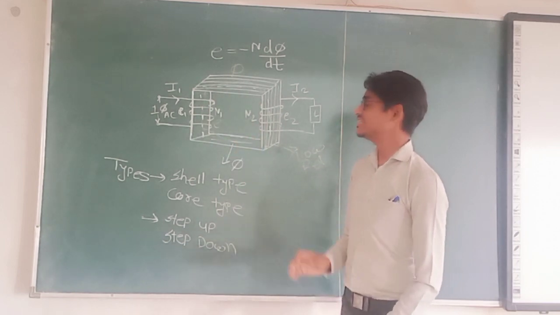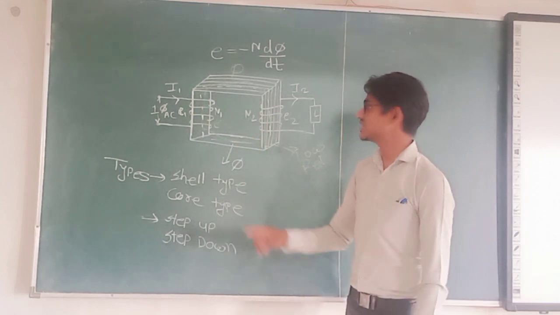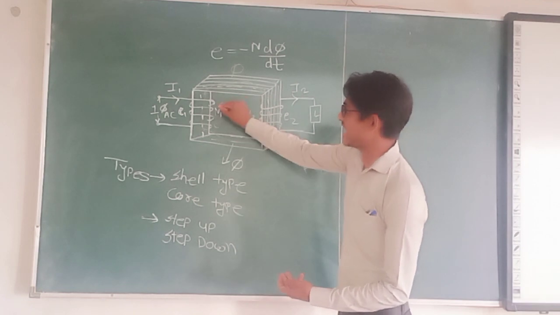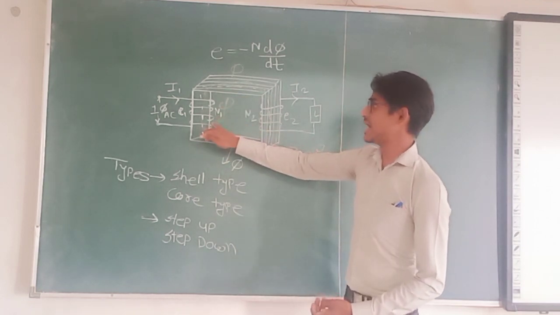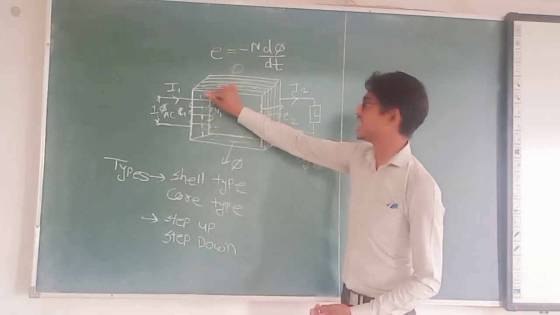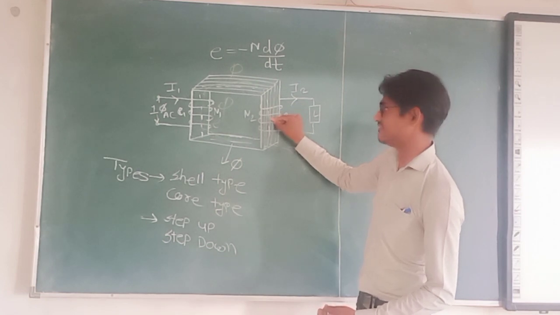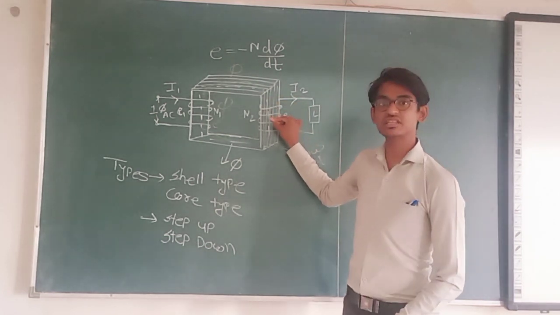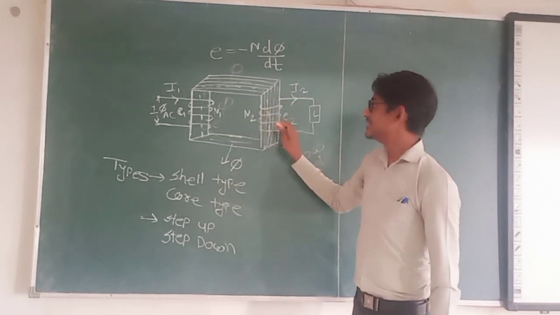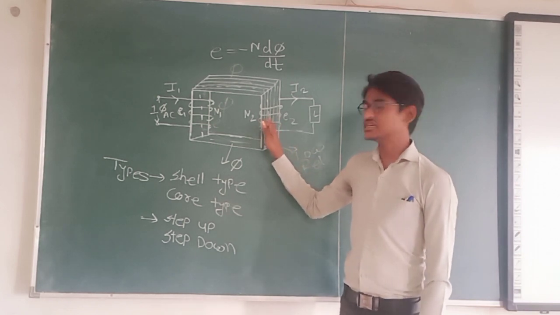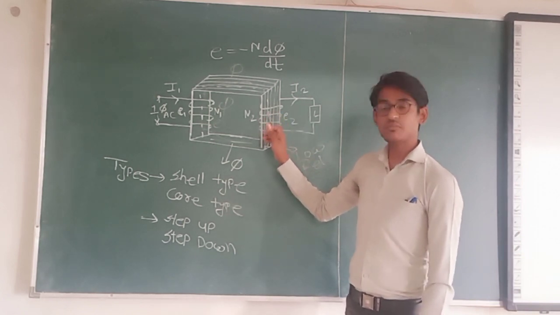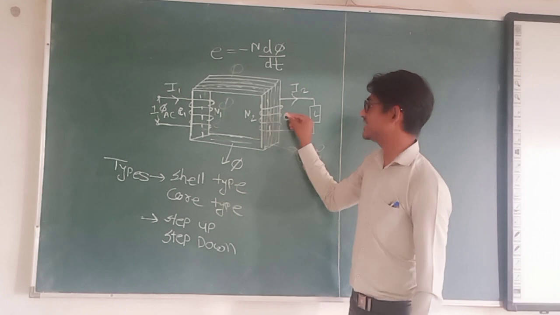Considering the ideal condition, the total flux phi produced by the primary winding flows through the core and links with the secondary winding, which has N2 number of turns. Due to the flux linking the secondary winding, an EMF E2 is induced in it.